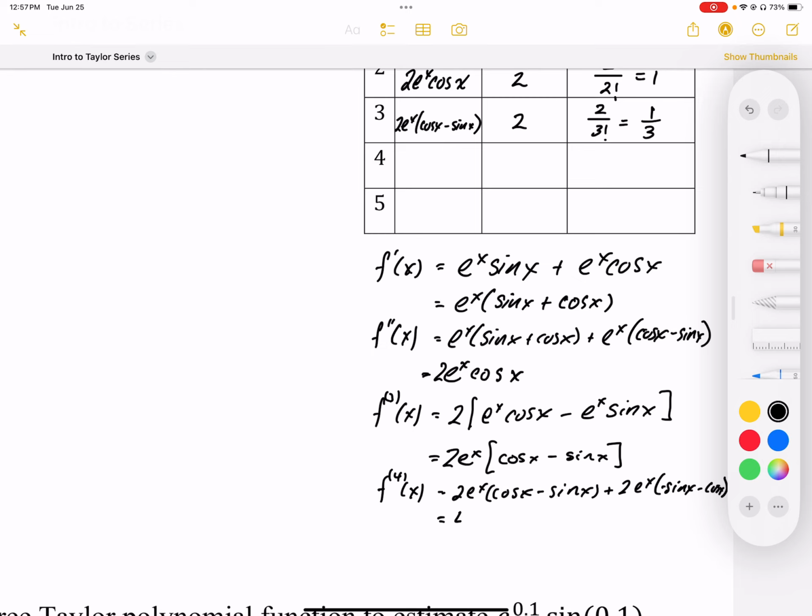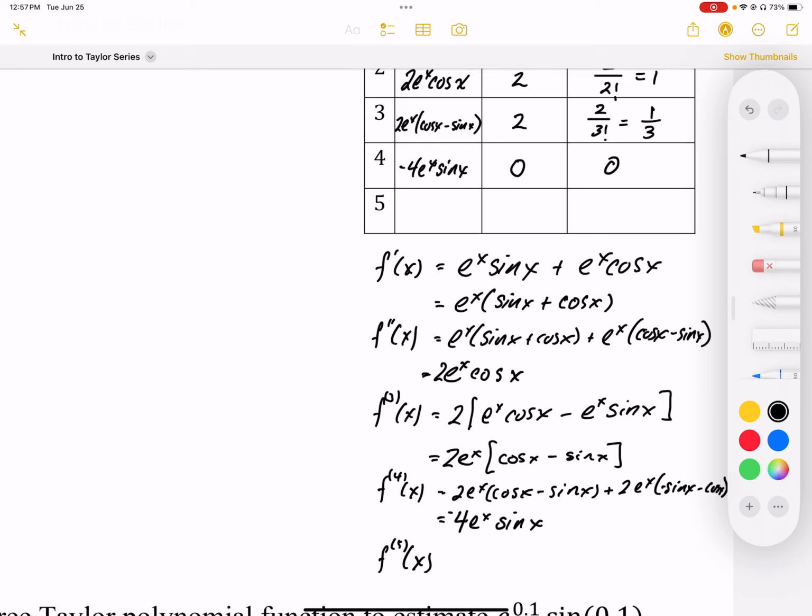We're going to end up with 2 groups of 2, so 4, and it's going to be negative 4e to the x sine x. When we plug in 0, we're going to end up with 0, so that coefficient is going to be 0.